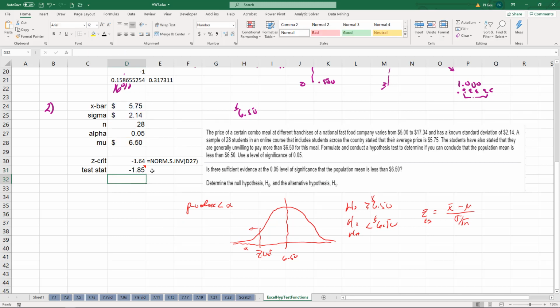There we go. Our Z crit was minus 1.64, and our test statistic is to the left. It's outside, in the exclusion area over here. It's minus 1.85, so it's looking good so far.